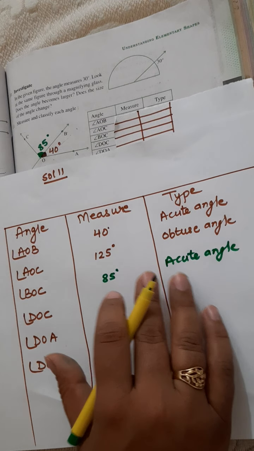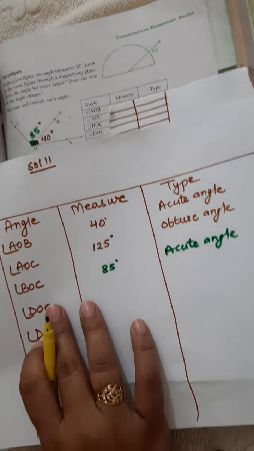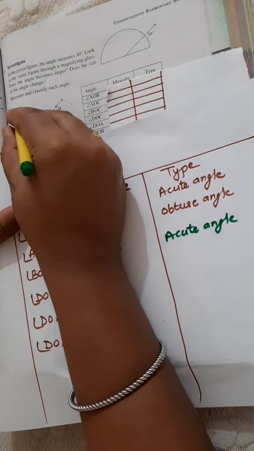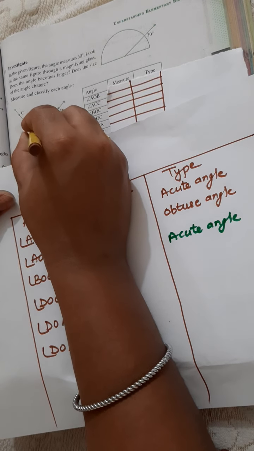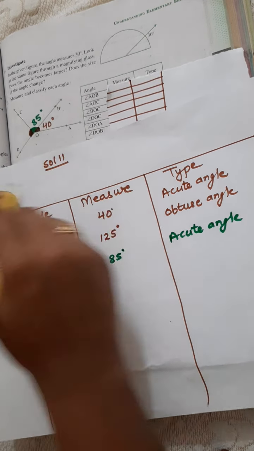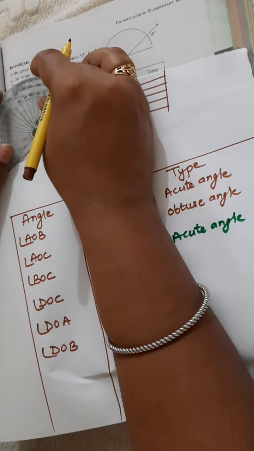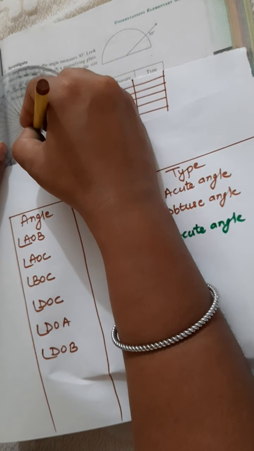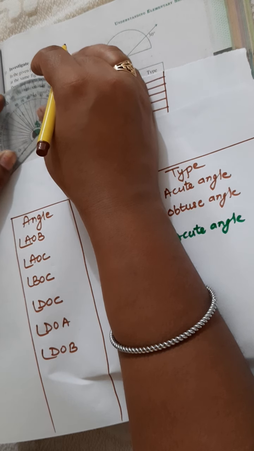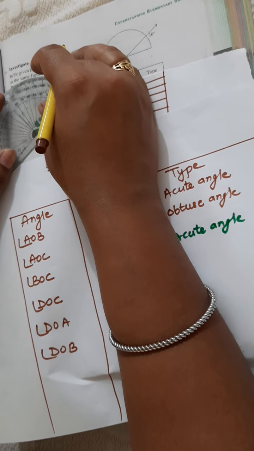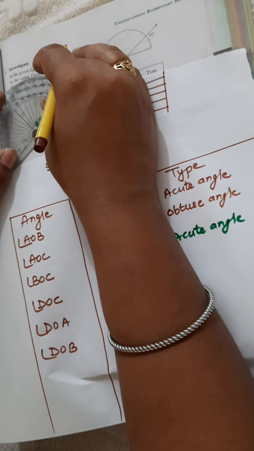Then next I have to measure DOC. Here I have DOC. DOC is this angle. Here I am placing at the center point, and what I get, I place like this.